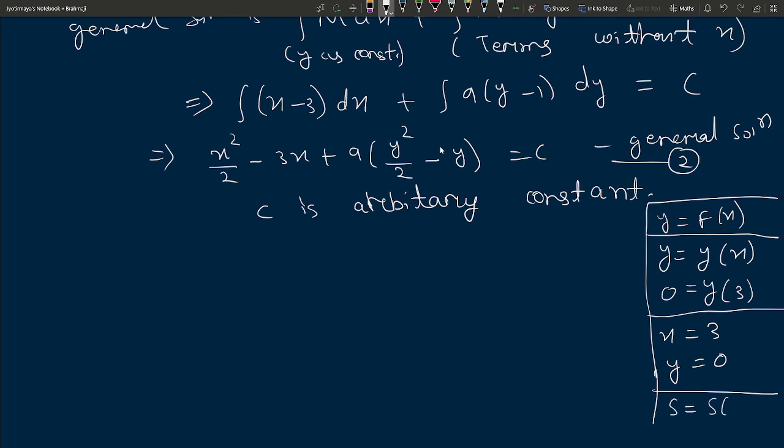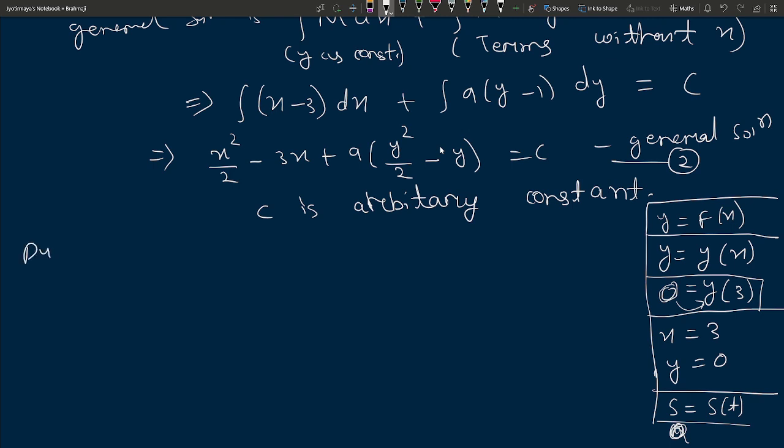Like your distance is a function of time. Similarly y is a function of x. So whenever you find this type of term, y of 3 is equal to 0, the number inside the bracket is the value of x, and this one is the value of y. So here x is 3, y is equal to 0.